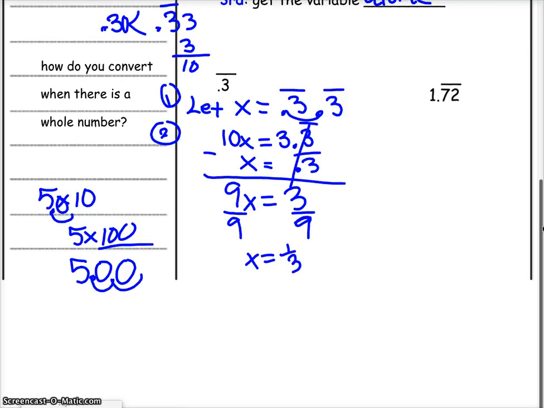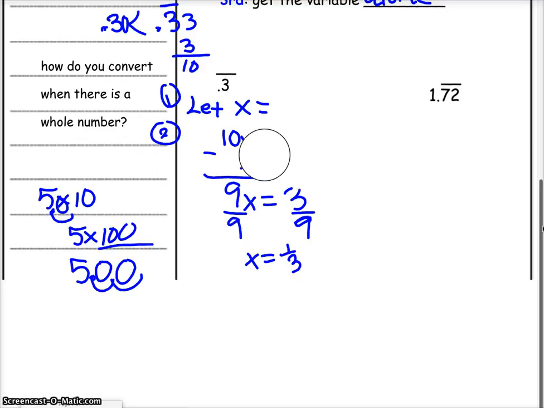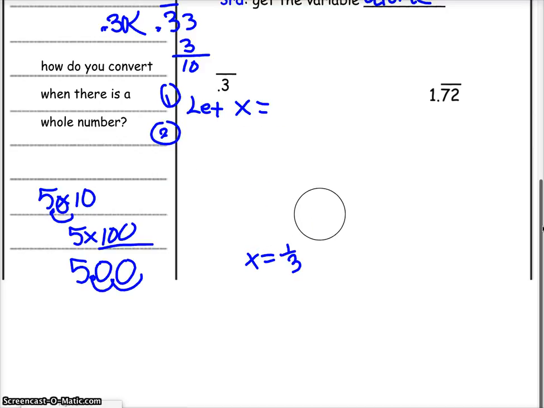Now, let me explain this one more time. I'm going to go through these whole steps again. I let x equal a pattern. The pattern was 0.3 repeat. Notice that 0.3 repeat is really 0.333 all the way to infinity.